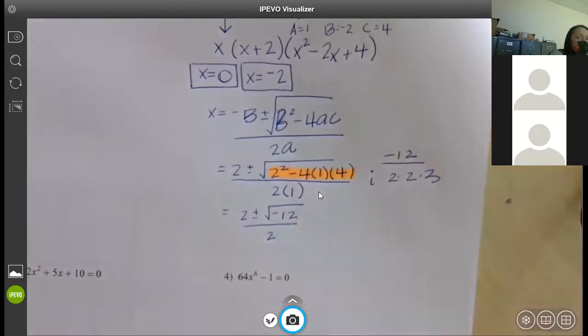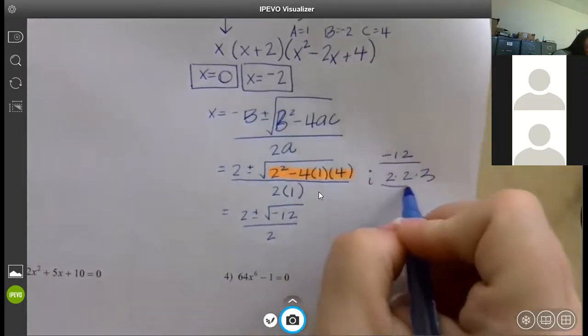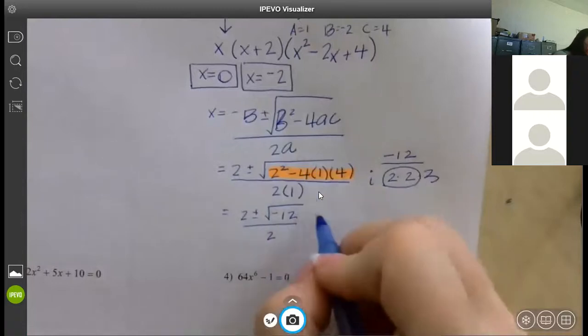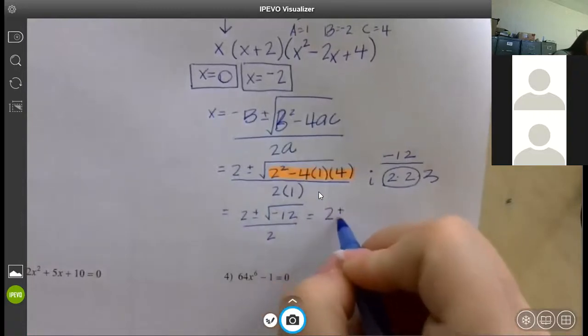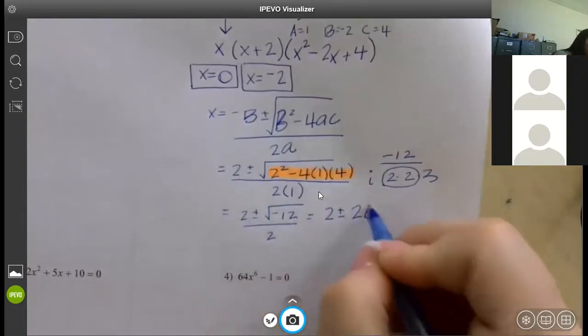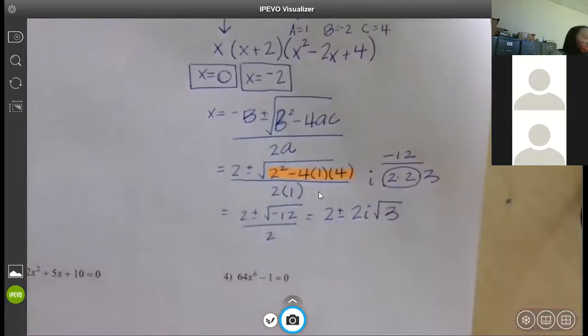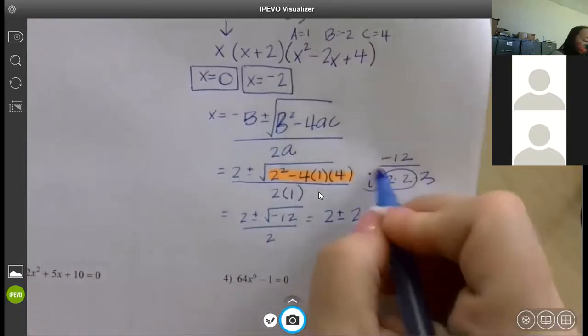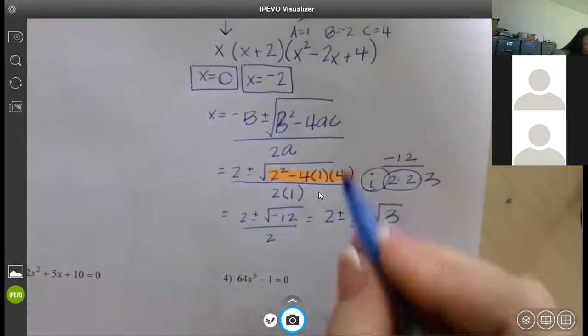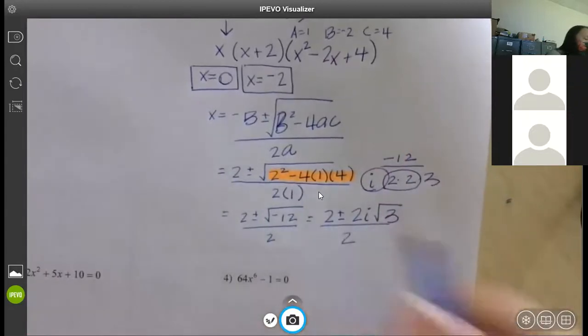Factors of 12 are 2, 2, and 3. I have a pair of 2's. So we do 2. I have an i. I left a 3. Okay, so that i always comes out because it's a negative. Over 2.